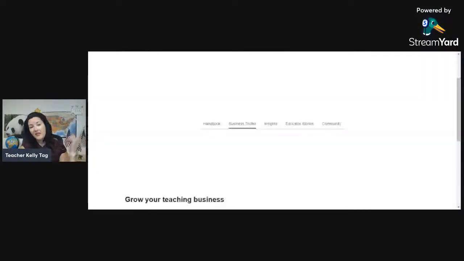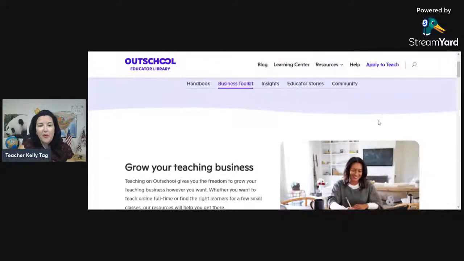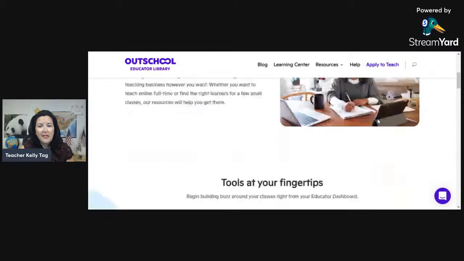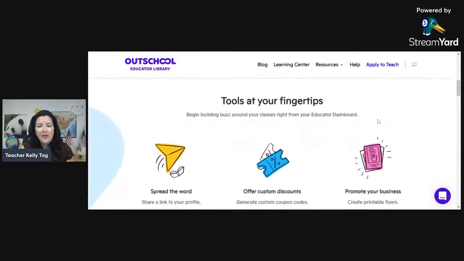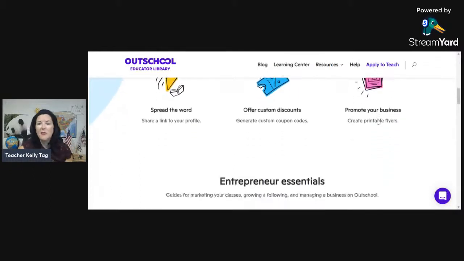Okay, so I'm realizing a pattern with the share screen. The bottom ones are the ones I haven't shared yet, so I can find them easily, because there's a lot today. Embrace entrepreneurship. Grow your teaching business. Tools at your fingertips. So spread the word, offer discounts, promote your business.